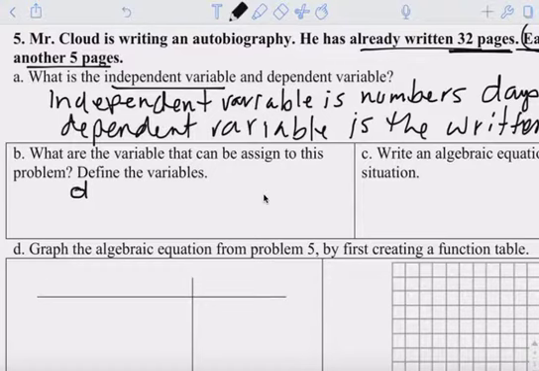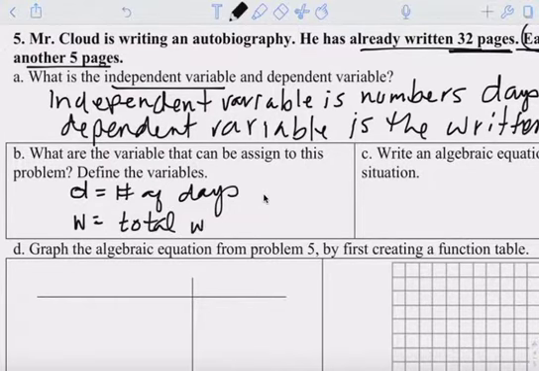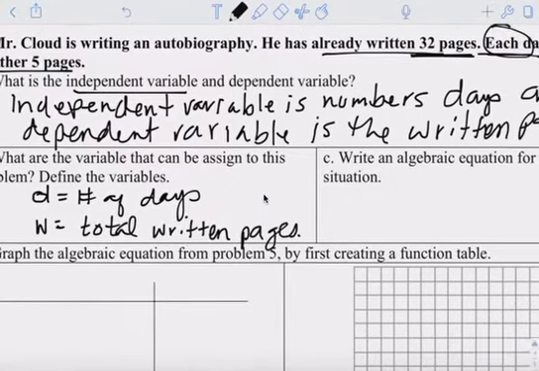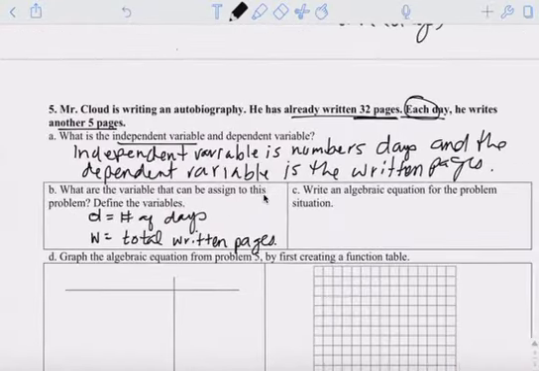D is the number of days, and W is for written pages, total written pages.